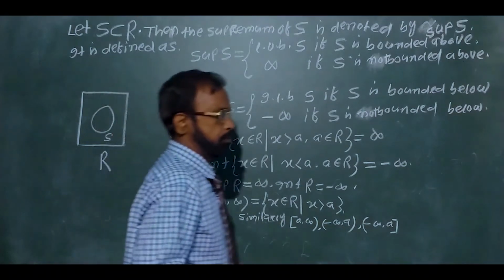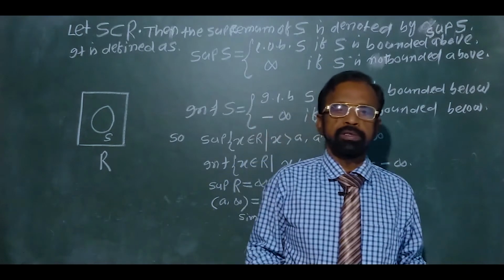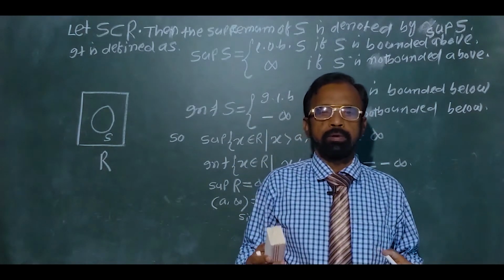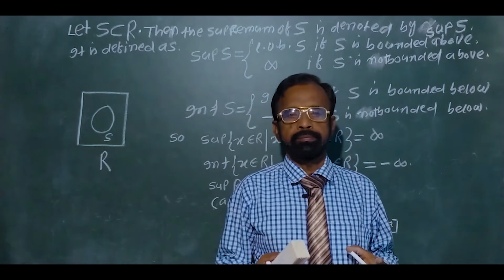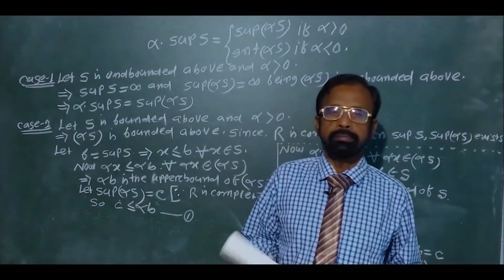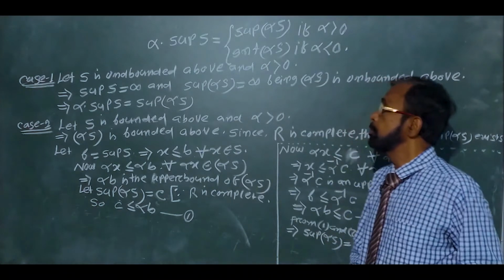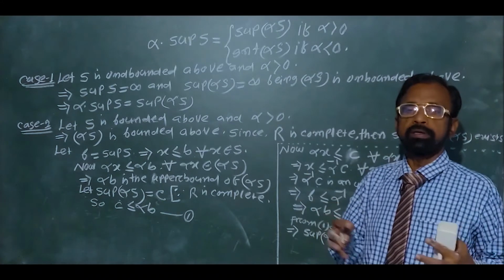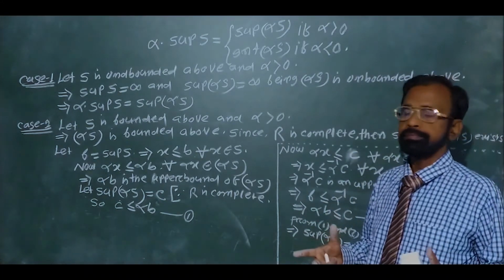Now we prove the most important theorem. This is also the last theorem of this chapter. What is the relation between the supremum and infimum? Dear students, now we will start the most important theorem, which relates supremum and infimum.